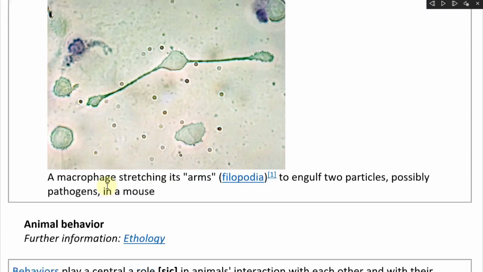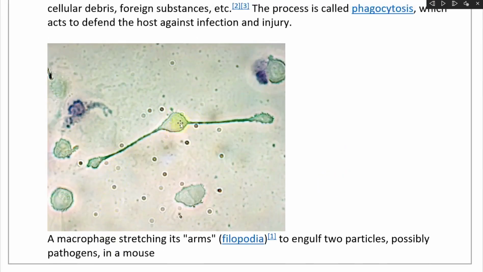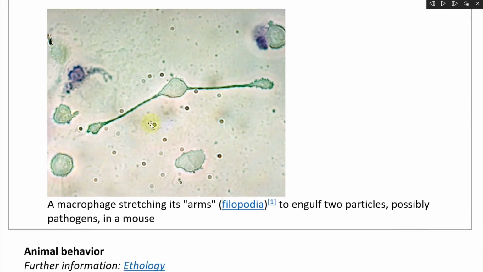So there's the macrophage stretching its arms, called filopodia, to engulf particles, possibly pathogens, in a mouse. So there's the macrophage, and it extends its arms and eats a bunch of small particles. A very, very interesting setup there.